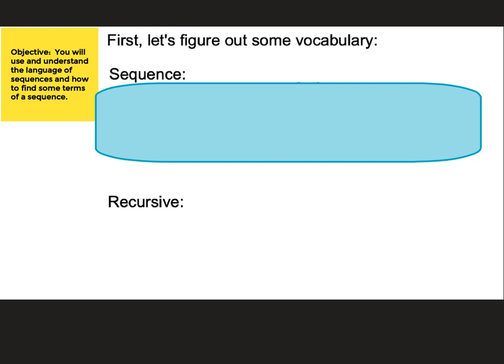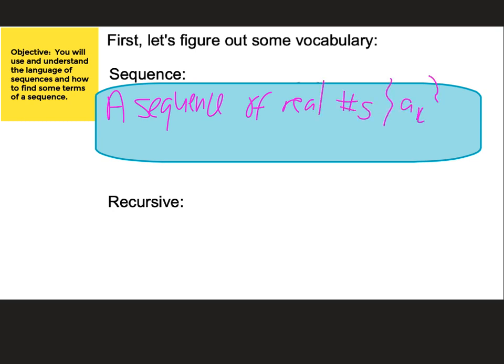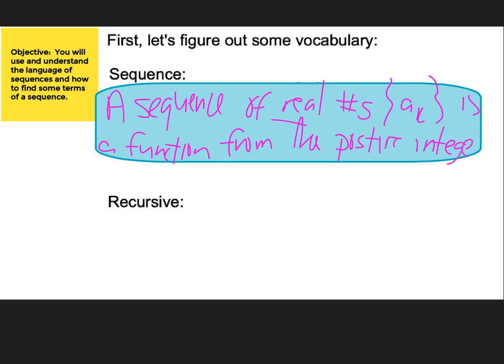So the words underneath there are that a sequence of real numbers, a_k, these are curly braces, I can't make those, so I just go with it, is a function from positive integers, which I could write as Z plus, but that'll confuse you, so I won't, to the real numbers.